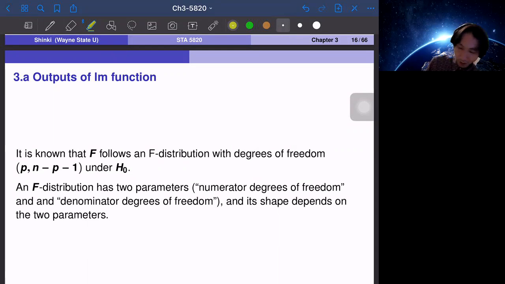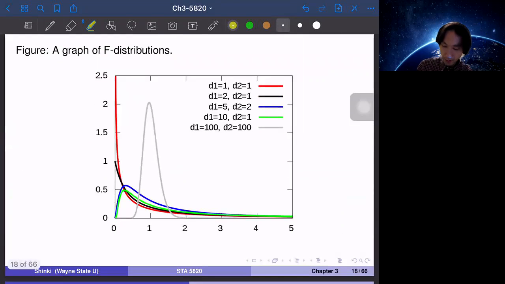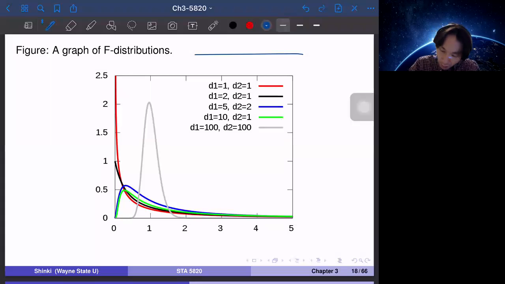The F distribution has two parameters, so we have different shapes depending on the degrees of freedom, and there are several types here. Again, the F distribution is defined by the distribution of the ratio of two random variables.